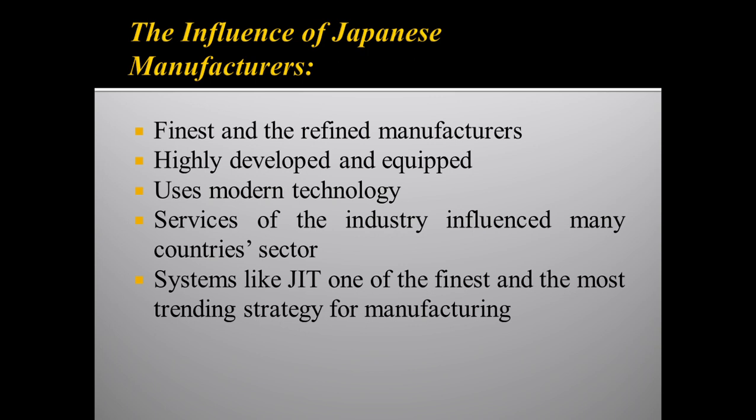A number of Japanese manufacturers developed or refined management practices that increased the productivity of their operations and the quality of their products, due in part to the influence of Americans W. Edwards Deming and Joseph Juran.